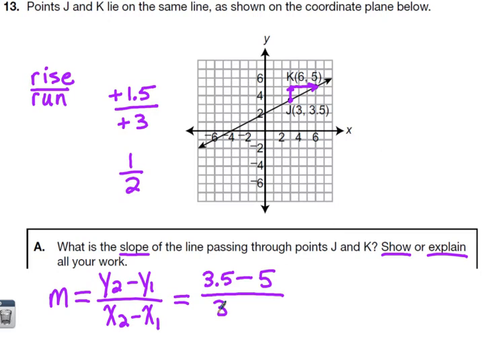If I'm calling this y2, then that would be y1, and therefore that would be x2, and then we want to subtract x1. And so that becomes negative 1.5 over negative 3, which again reduces to positive 1 over positive 2. And so there's your 1/2 again, and that would be where you're showing your work, and that would count as showing your work, okay?